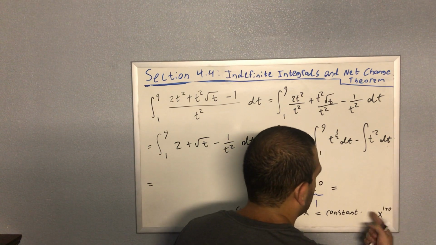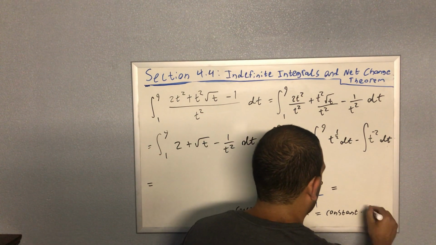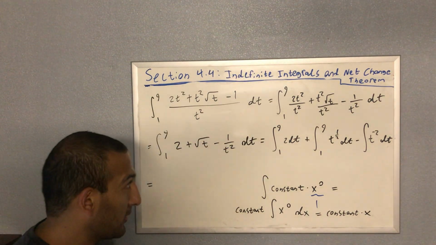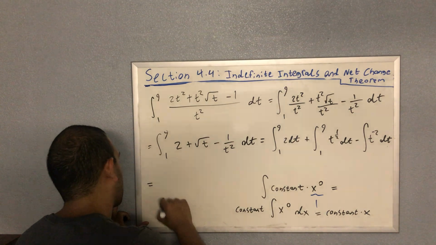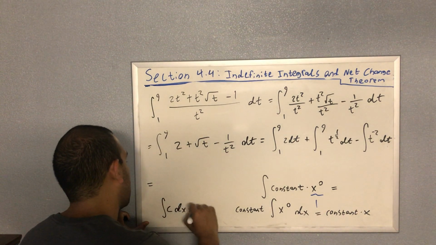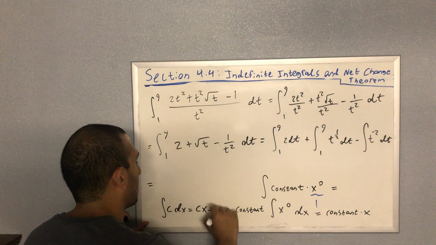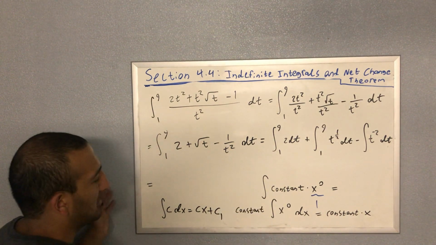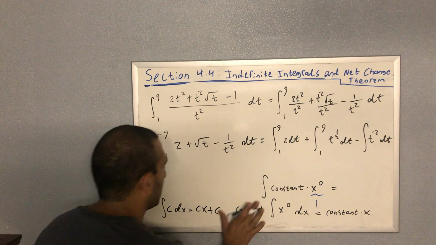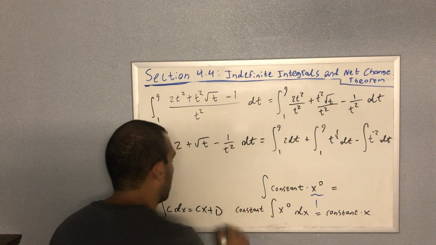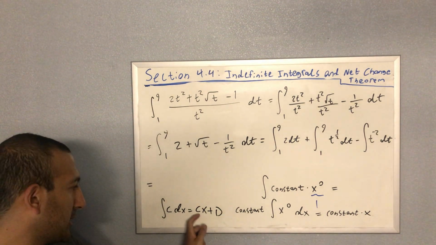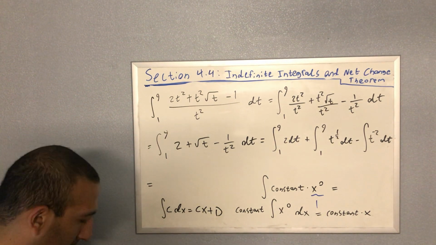And then x to the 1 plus 0 is just x. So this is just a constant times x. That's all you get. So the moral of the story is the integral of a constant dx is just cx plus maybe some other constant c1 or something. Who knows? Or d, capital D, who knows? It's just another constant. So all it's saying is it'll turn into a linear function. This is like the equation of a line.